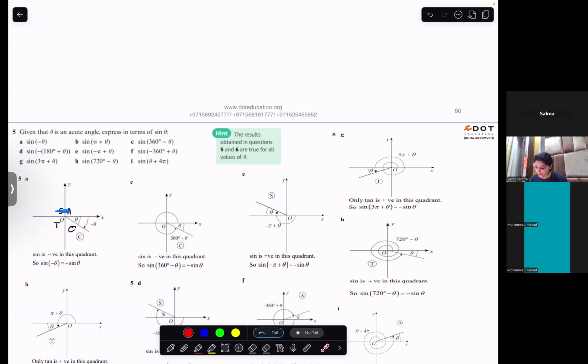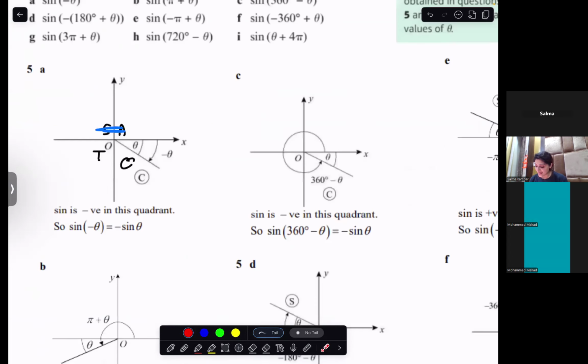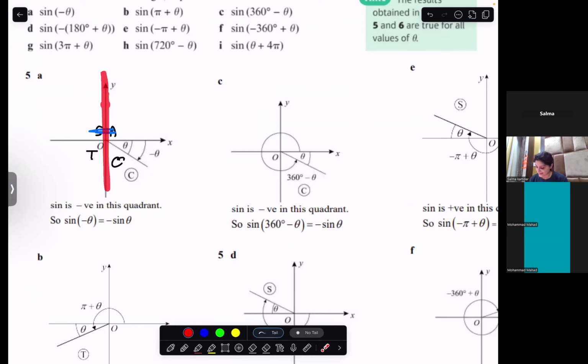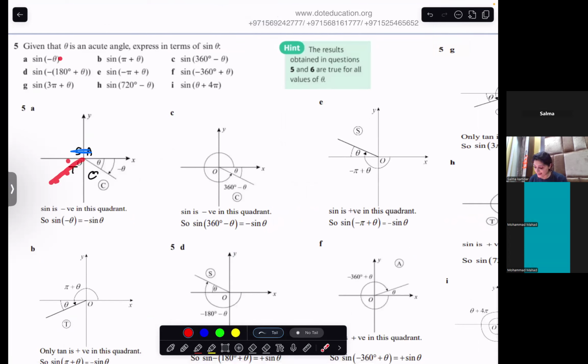Remember, sine is always around the y-axis, so I can draw one line over here also. It will be 180 plus theta. So the minus theta would be over here.